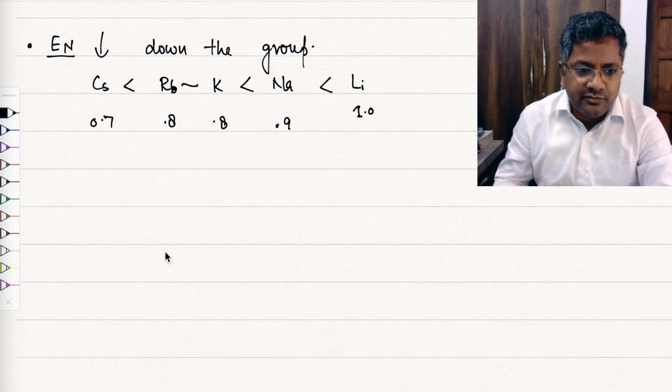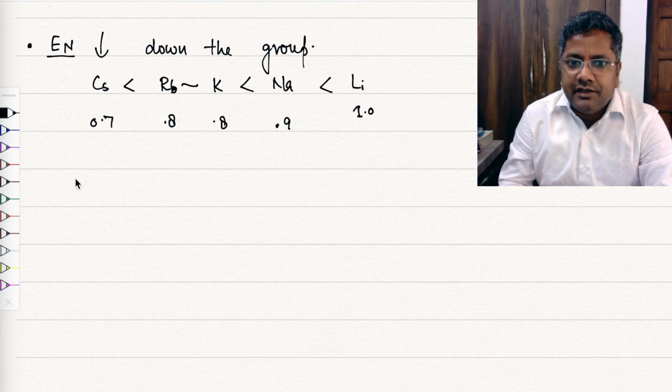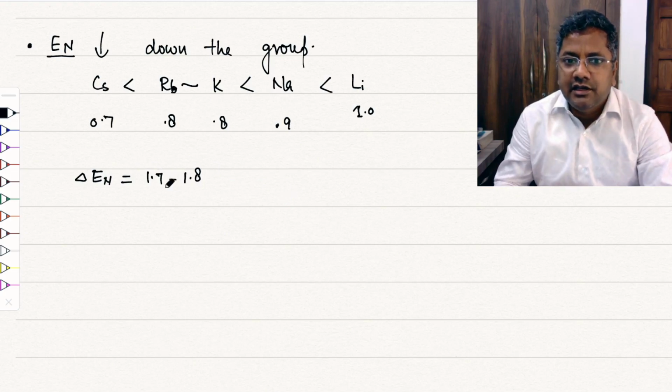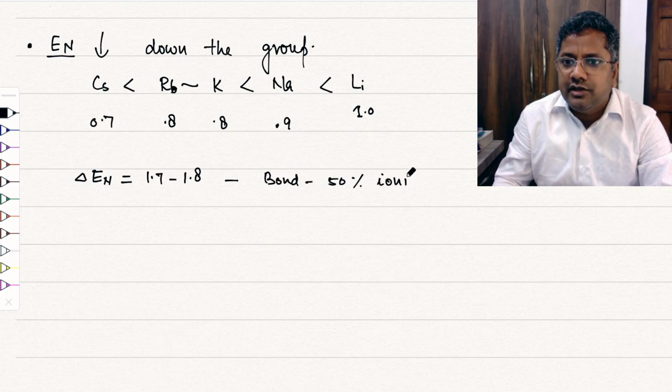We have an approximate idea that if the electronegativity difference, delta EN, varies between 1.7 to 1.8, the bond has 50% ionic character, which means 50% covalent.